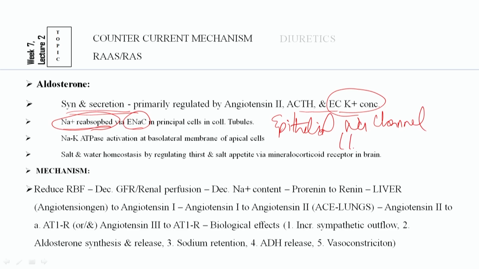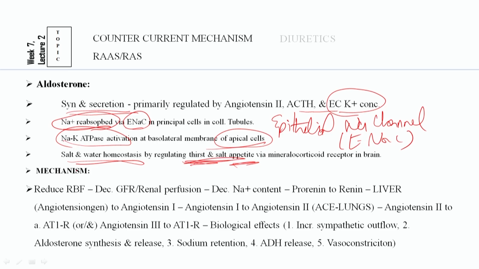In the principal cells in the collecting tubules, with the help of this channel it reabsorbs sodium, and it also activates the sodium potassium ATPase pump at the basolateral surface of the cells, fine. And then it causes salt and water homeostasis by regulating the thirst mechanism as well as salt appetite via mineralocorticoid receptors present in the brain, especially in the hypothalamus, the thirst center and all, right?